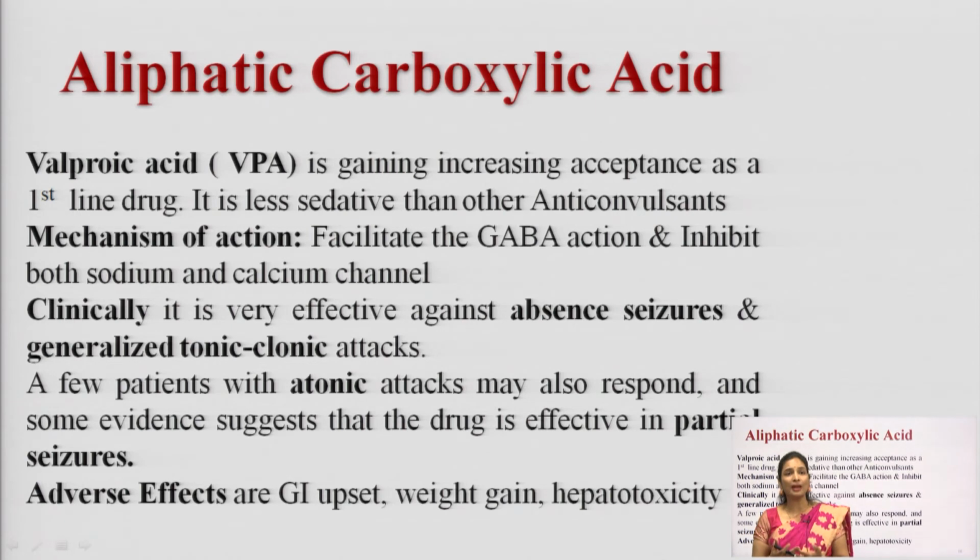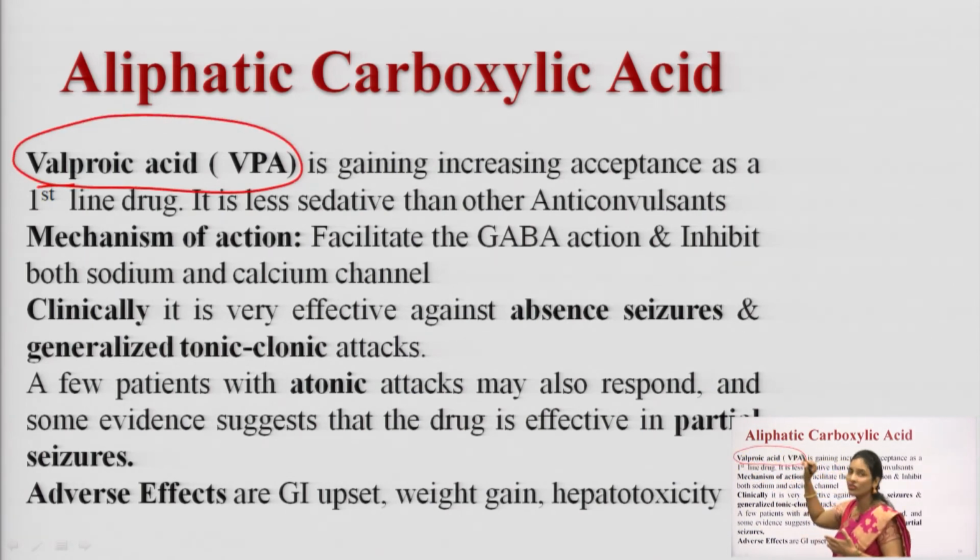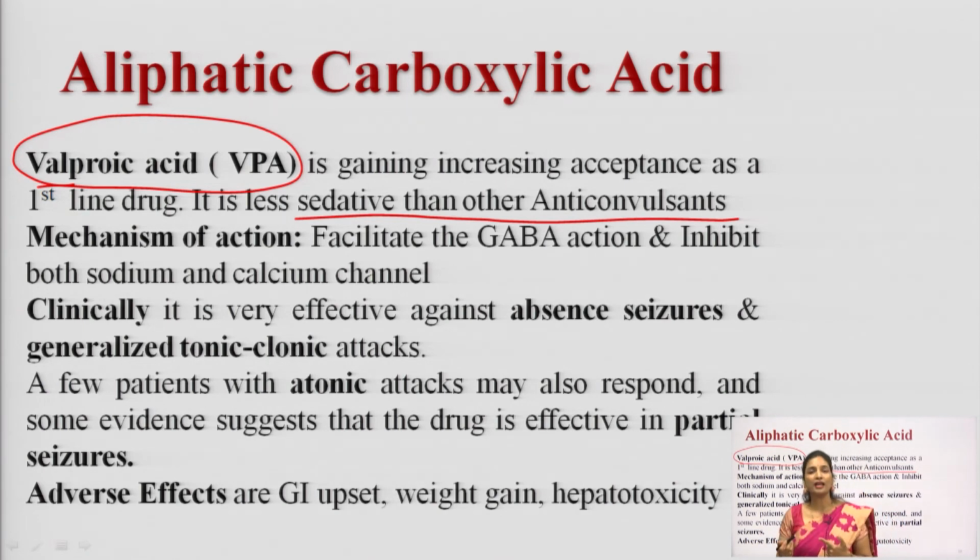Because nowadays it is used as a first line drug to treat epilepsy. It has less sedative action than the other anticonvulsants. If you compare with the rest of the anticonvulsant drugs, valproic acid is less sedative in action, right.